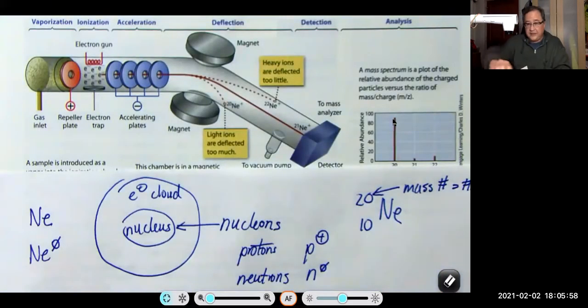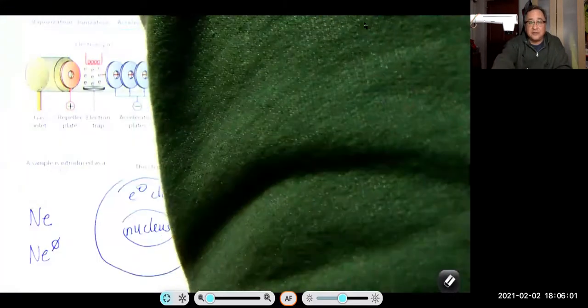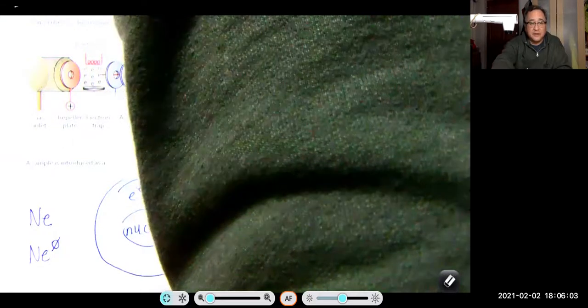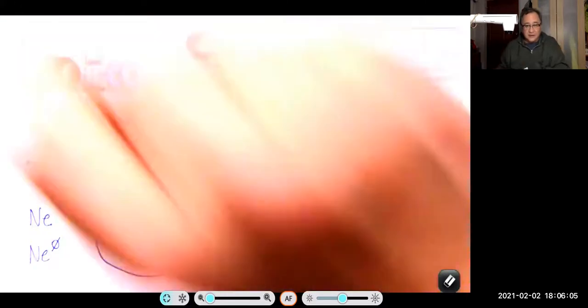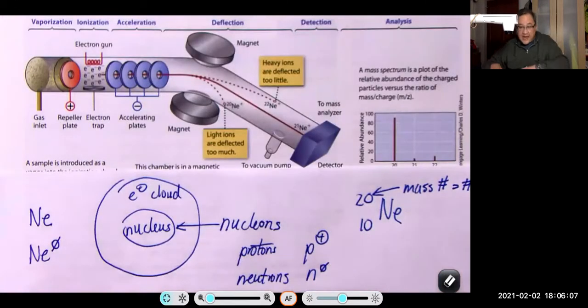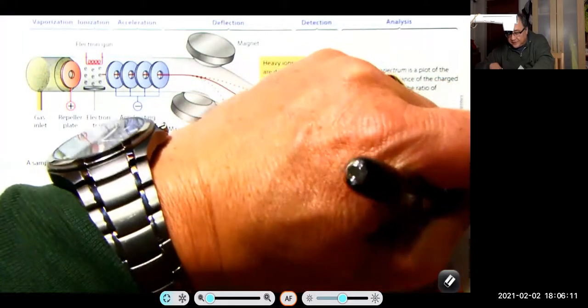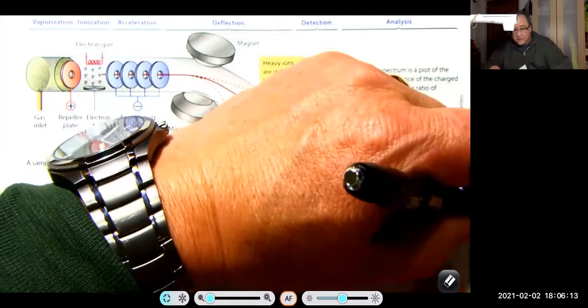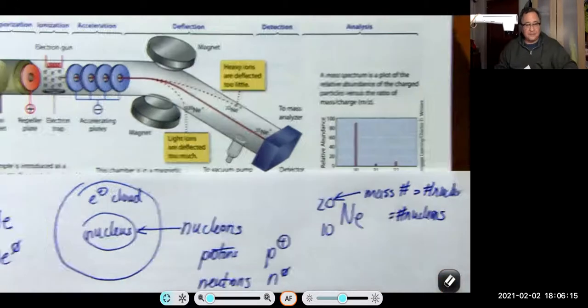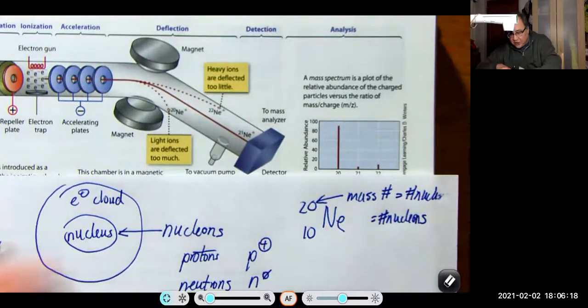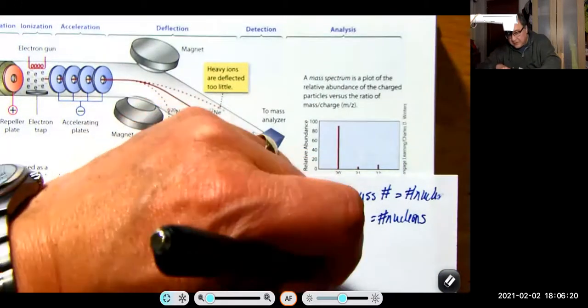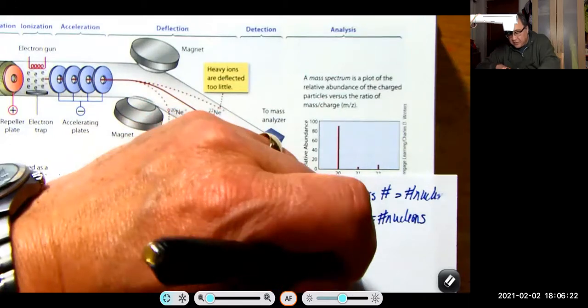This is called the atomic number, and it's equal to the number of protons.